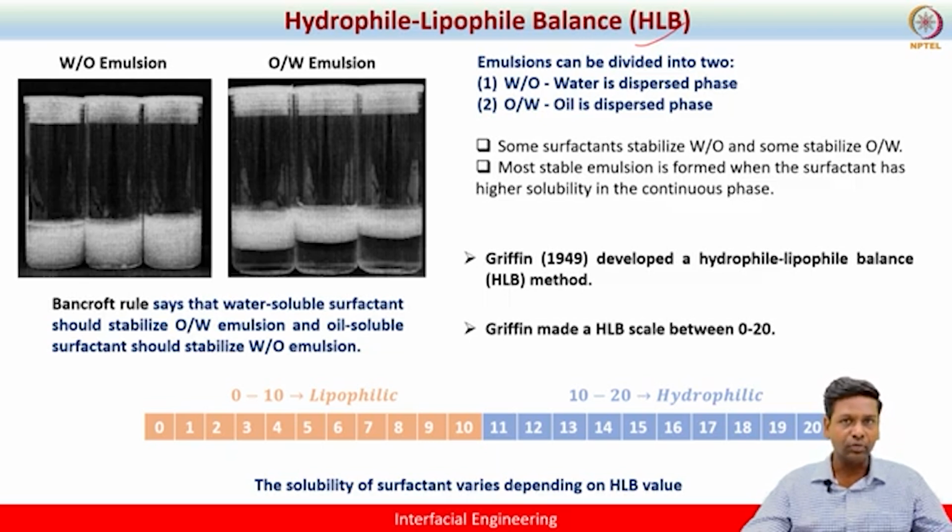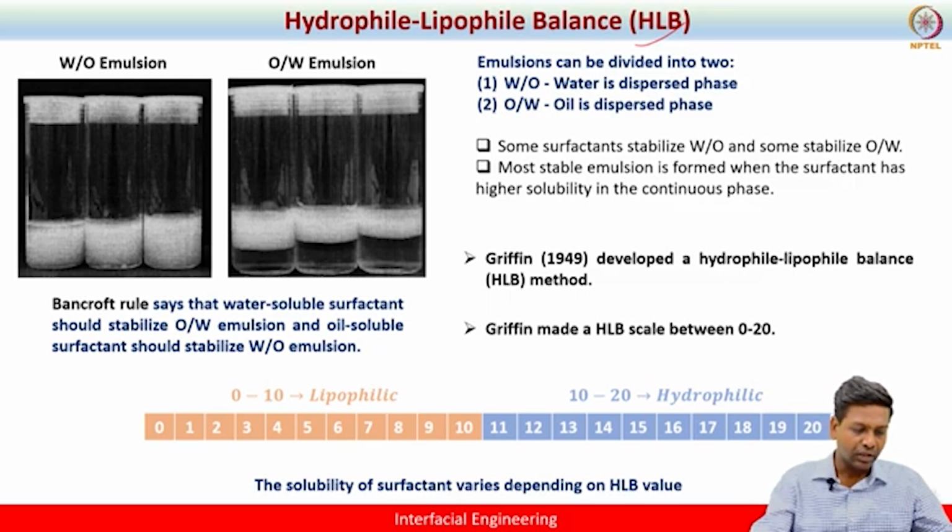Alternatively, sometimes you might deal with a surfactant which is more hydrophilic in nature. In such a case, you can expect that they will stabilize oil in water emulsion. So in these cases, the continuous phase will be the one in which the emulsifier is most soluble. Let's say if it is water in oil, you can say that the emulsifier is most soluble in the oil phase.